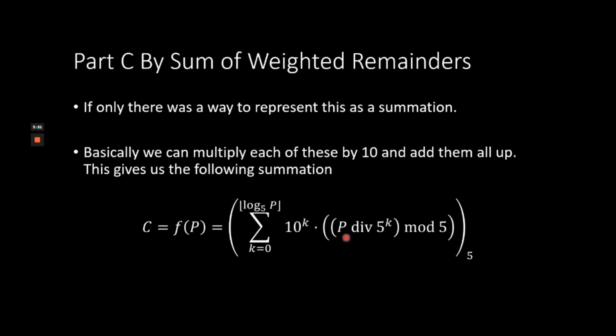Then we're just going to take that string of digits and represent it as a base 5 value. This is just marking that it is a base 5 value. So that is how we can represent c as a function of p to convert p from decimal to base 5.